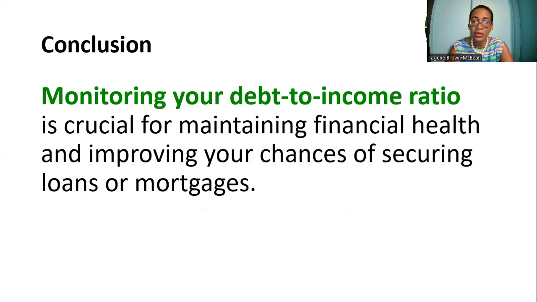All right, so conclusion. Monitoring your debt to income ratio is crucial for maintaining financial health and improving your chances of securing loans and mortgages. So all of this impacts a lot. A person might be saying, oh, I don't think I'm going to get another loan, so this is not important.